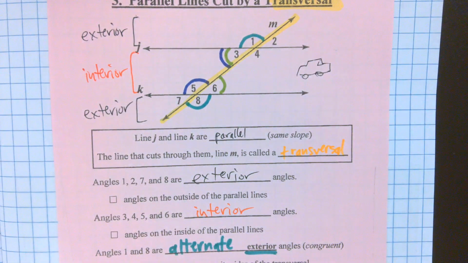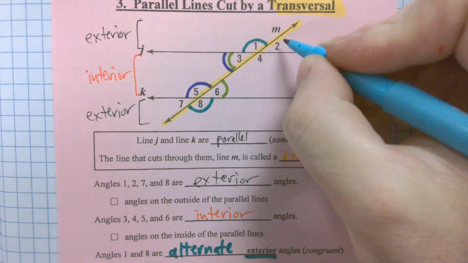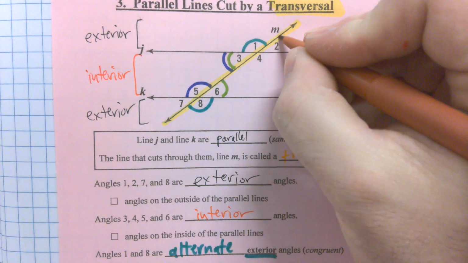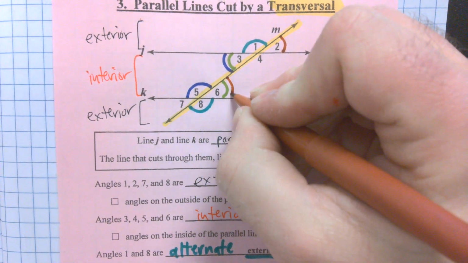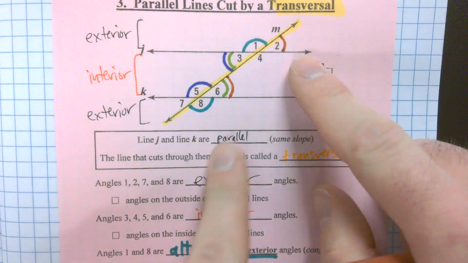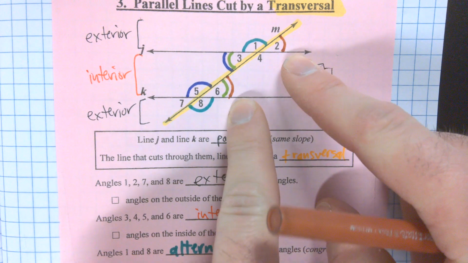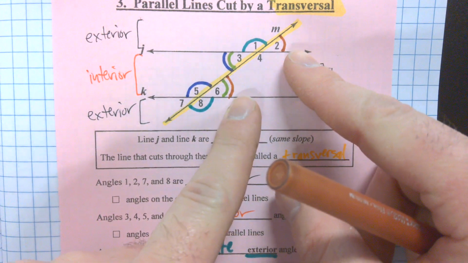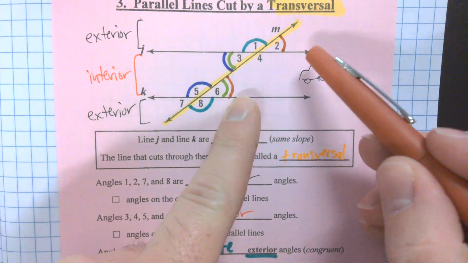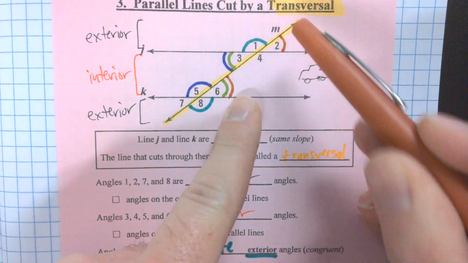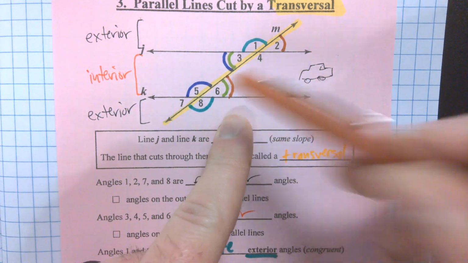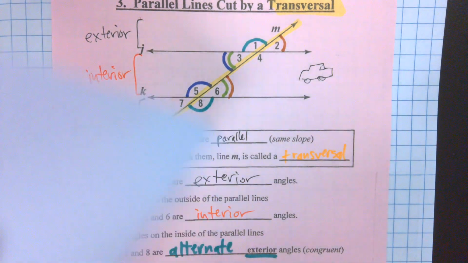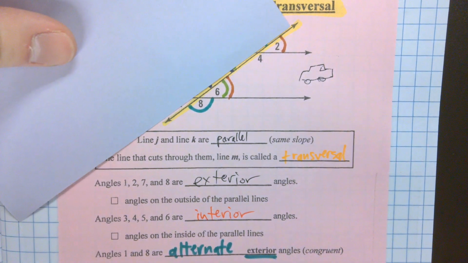Angles 2 and 6 now. Here's angle 2. Here's angle 6. Are angles 2 and 6 interior or exterior? Both. 2 is on the exterior. 6 is on the interior. Are they on alternate sides of the transversal or the same side of our transversal?